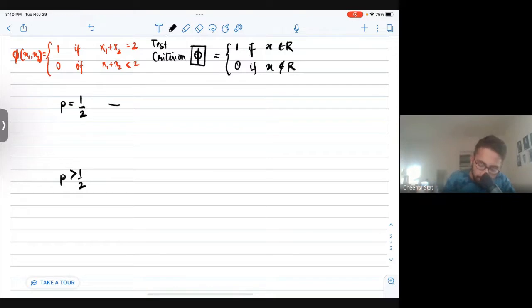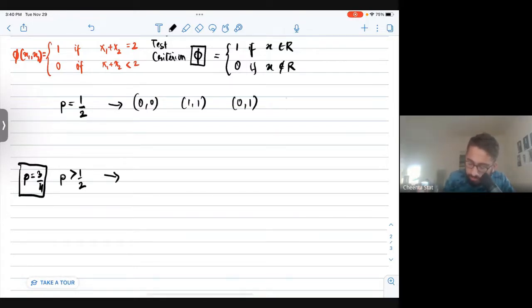In both cases, in real life, you keep on tossing. The two data sets can be 0 0, 1 1, 0 1 and 1 0, and here also it can be 0 0, 1 1, 0 1 and 1 0.